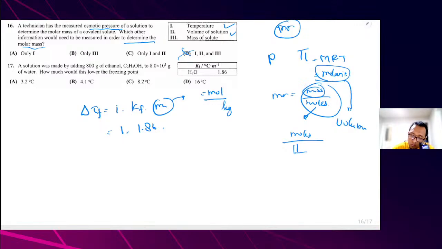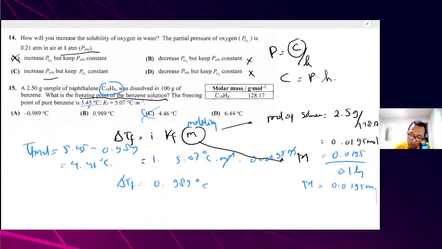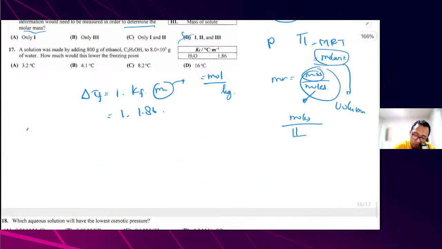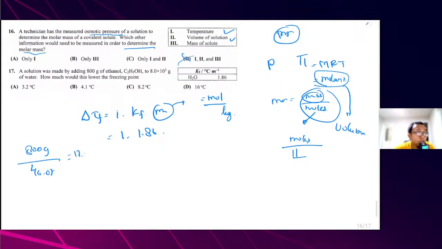So now we have 800 gram divided by the molar mass of ethanol, 46.07. So it's around 17.37 mole. Okay, we already got this one, 17.37 mole.